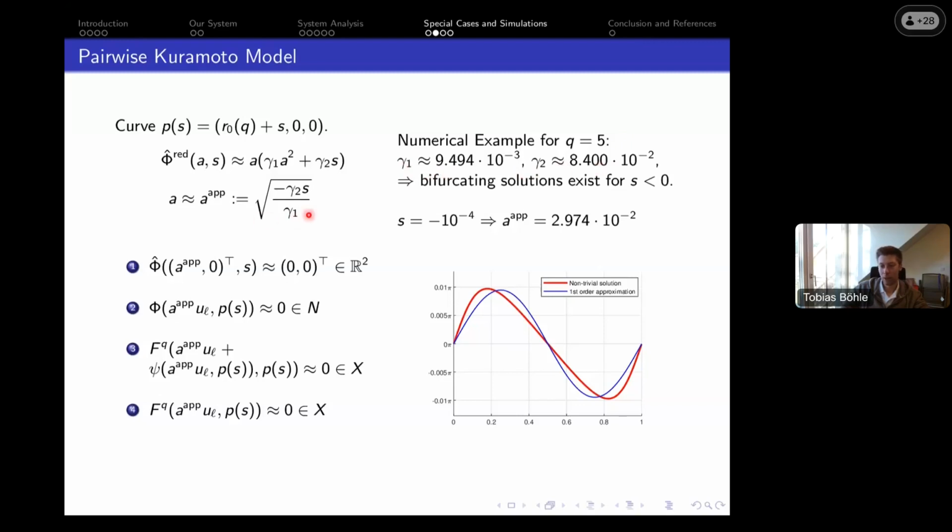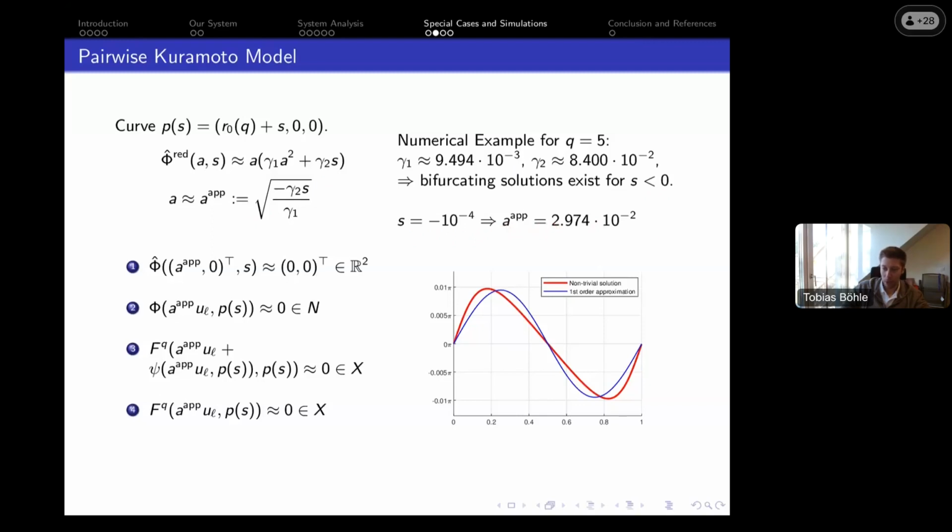So if you want to solve this square root equation, it means that bifurcating solutions can only exist when S is negative. And so in a numerical simulation, I chose S to be negative, but still very close to 0, for example minus 10 to the negative 4, and that gives me a value of A approximate which is 3 times 10 to the negative 2.